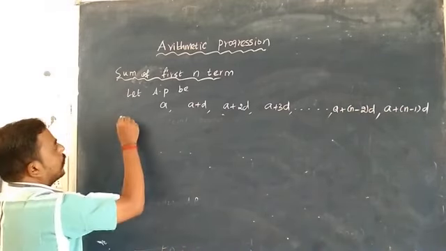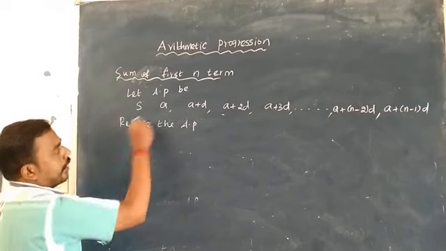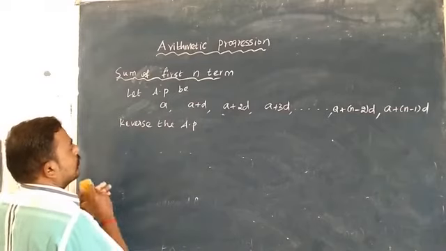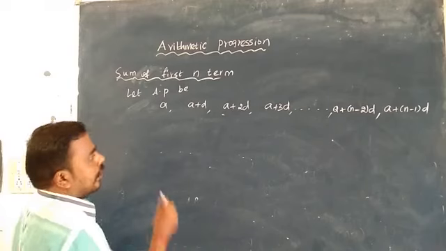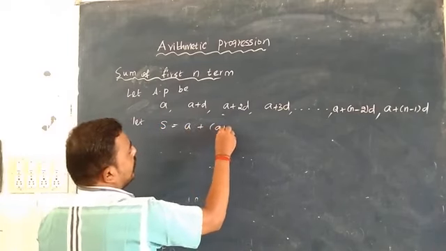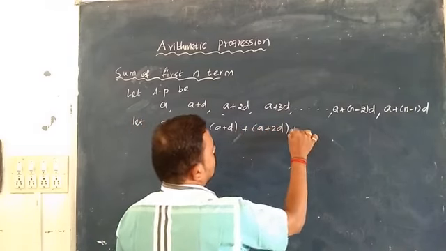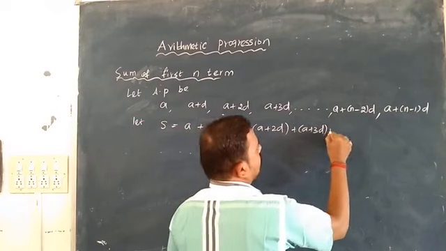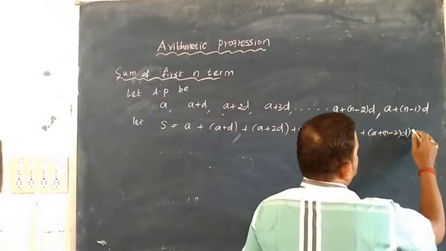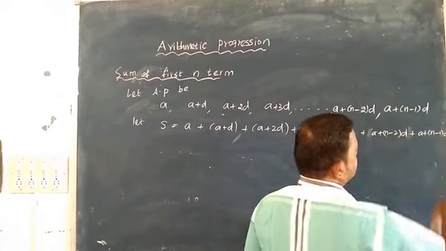Let the summation S equal a plus a plus d plus a plus 2d plus a plus 3d plus up to a plus n minus 2 into d plus a plus n minus 1 into d.